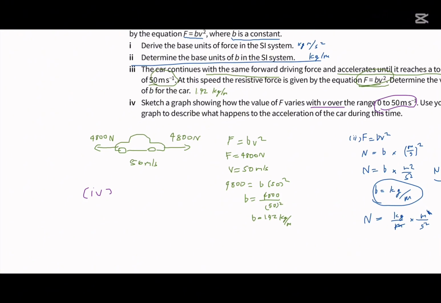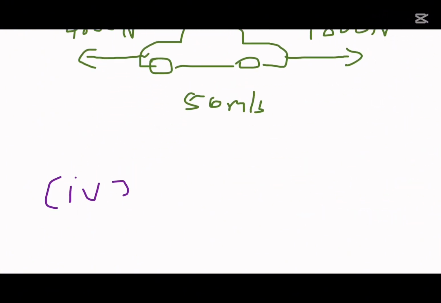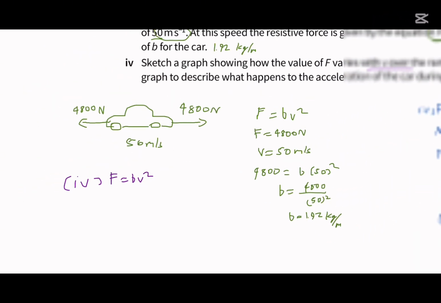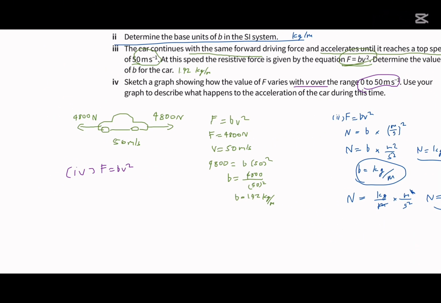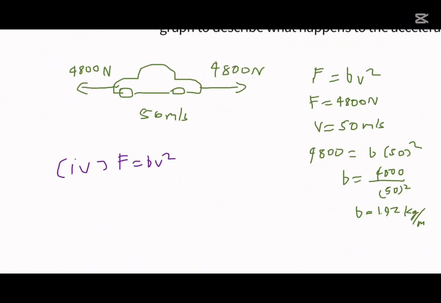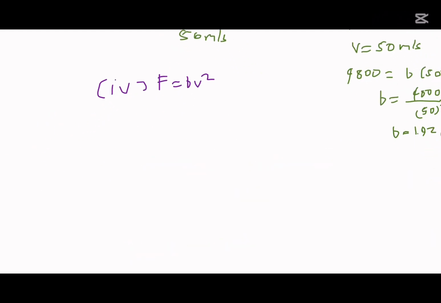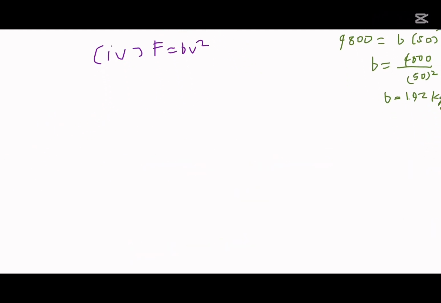So let's look at the formula here. F equals PV squared. P is a constant. It is a square graph. So let's draw a graph here.